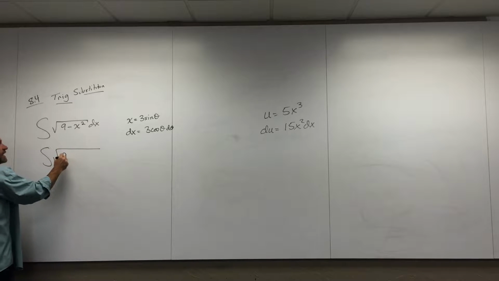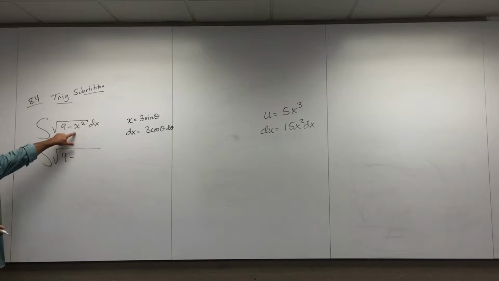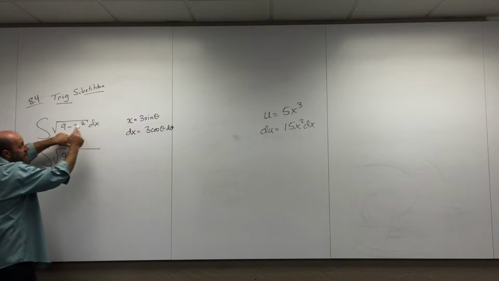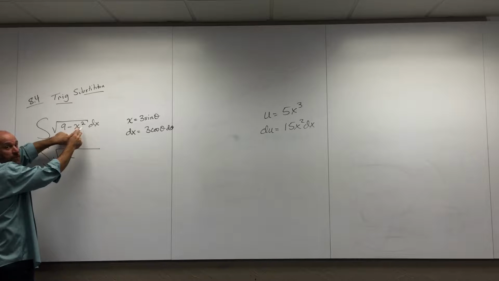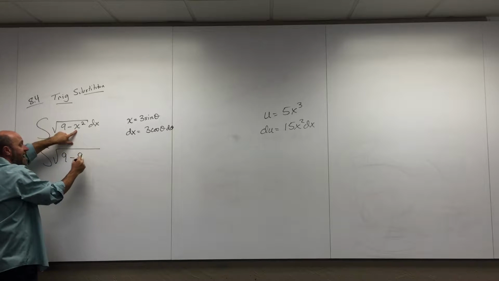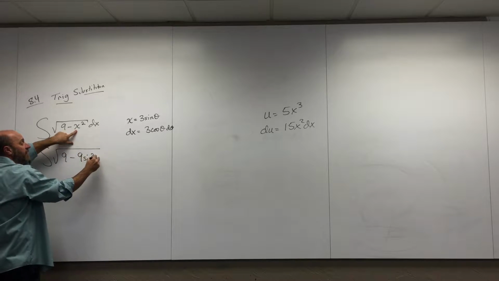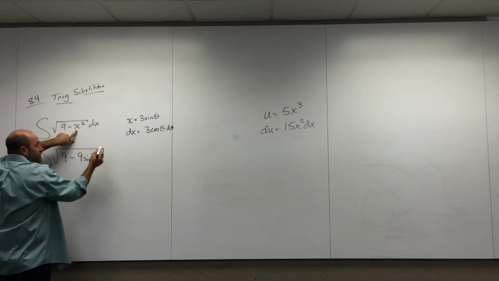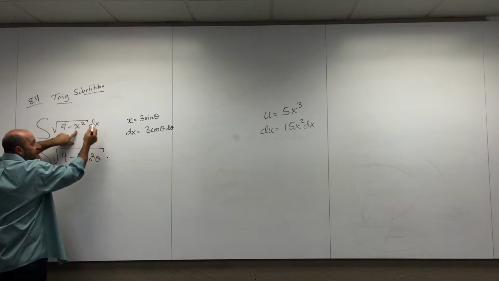So this is a 9 now. What am I plugging in for x? 3 sine theta, but now I am going to square it. So it'll be 9 sine squared theta. That's my 3 sine theta squared. And then there's a dx out there on the end.